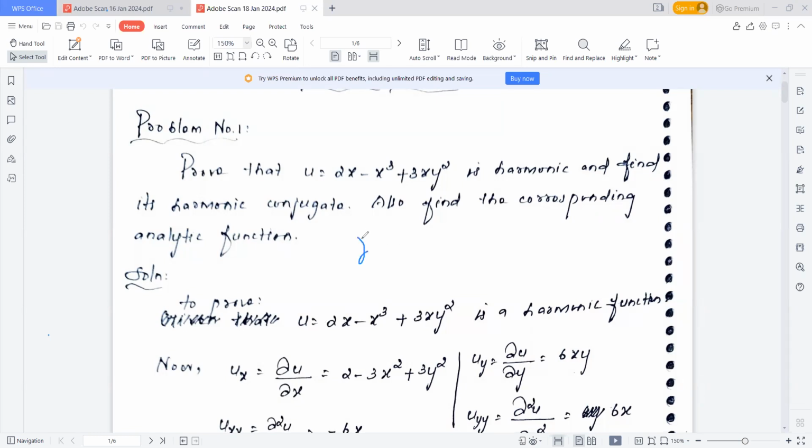We have to check dou square u by dou x square plus dou square u by dou y square equal to 0. In other words, u xx plus u yy equal to 0.